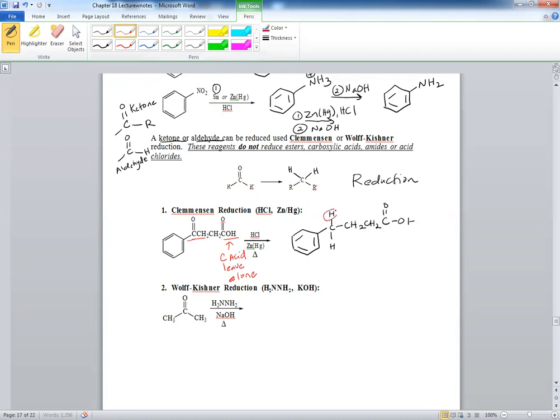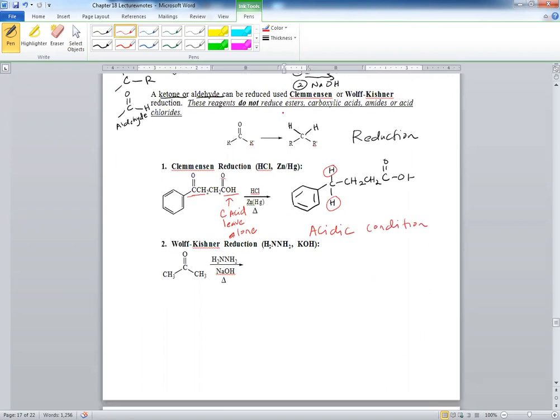And once again, here's what I added. Now this follows acidic conditions, the Clemmensen. The Wolff-Kishner follows basic conditions, so it's going to yield the same product to you.